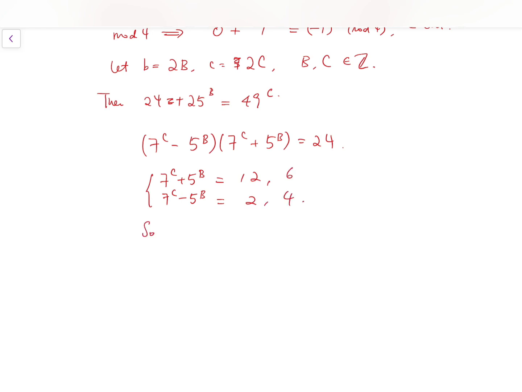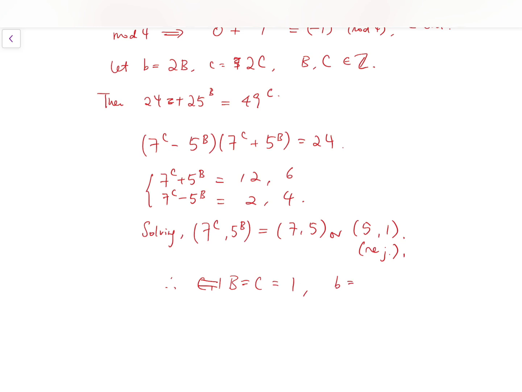If you solve it, it's just two equations, two unknowns. One is 7, 5 or 5, 1. And of course we reject this because the solution will not be integers. And so therefore big B and big C are both 1. Small b and small c are both 2.